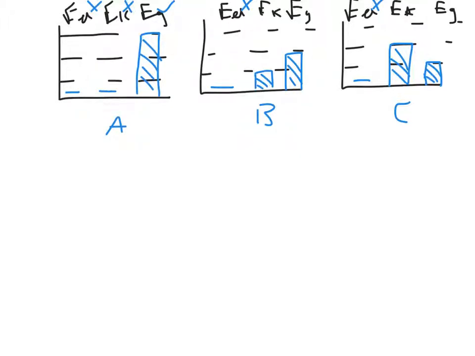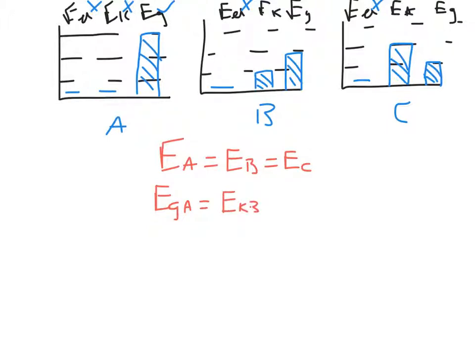First 3 steps. Energy at A equals energy at B. Now we have to extend that to equals energy at C. Kind of energy at A, EGA equals EKB plus EGB, which equals EKC plus EGC.